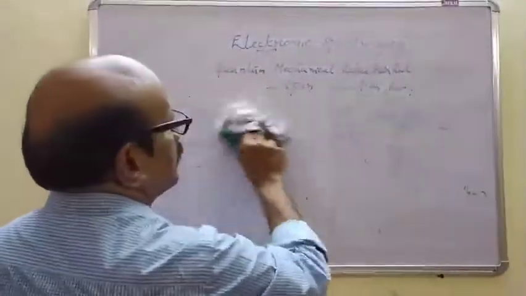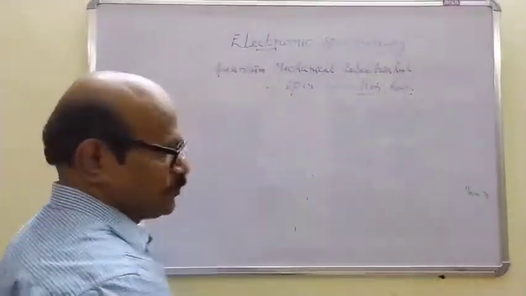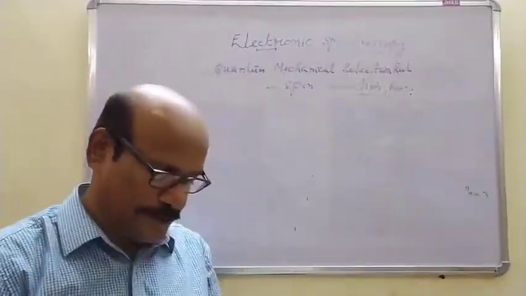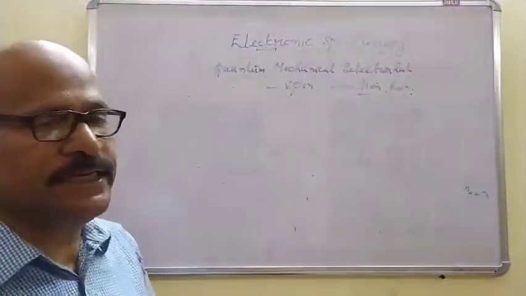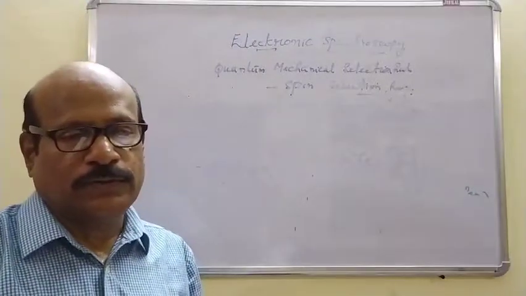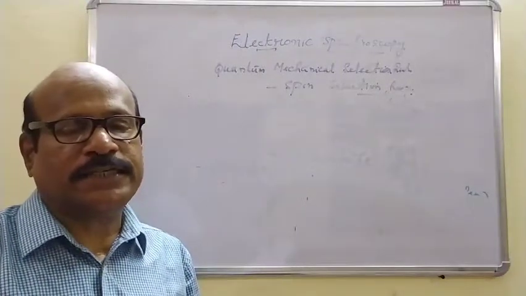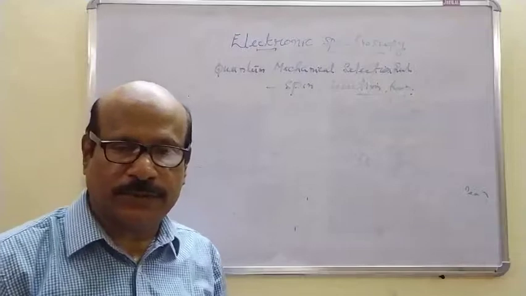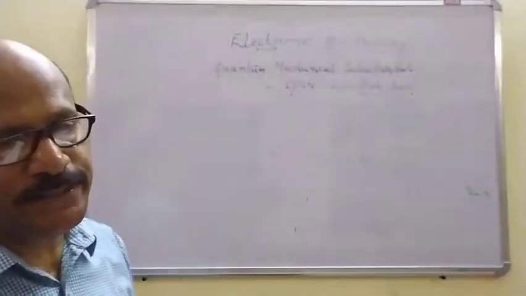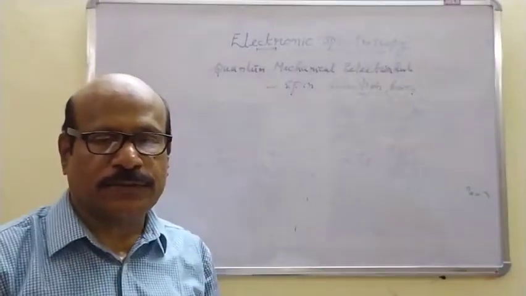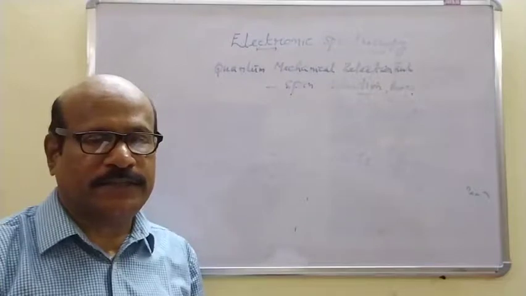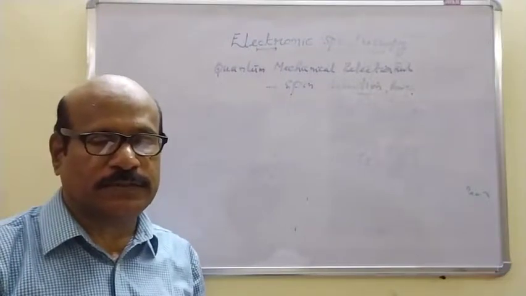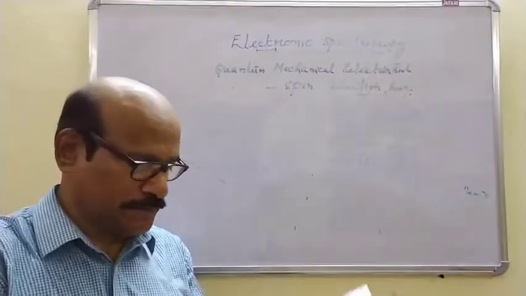So I have explained the quantum mechanical selection rule called the spin selection rule. The equation is delta S equal to 0: an electronic transition takes place only between two electronic states having the same spin, and that is called spin allowed. If delta S is not equal to 0, that is called a spin forbidden transition.